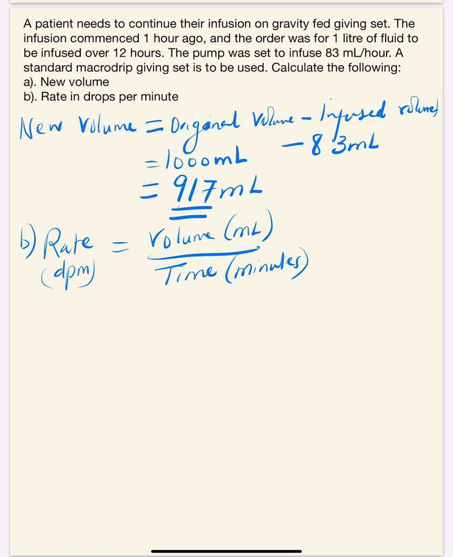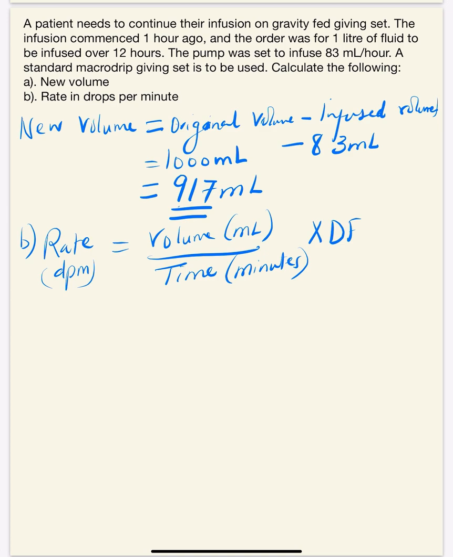Then we multiply this by the drop factor. The drop factor for this one, because we are using a macro drip, is 20 drops for every milliliter. For 1 ml, you get 20 drops.